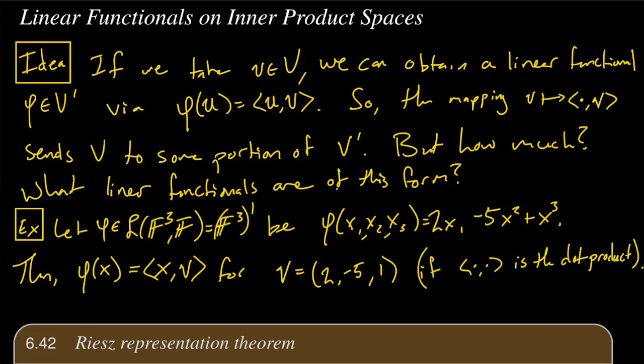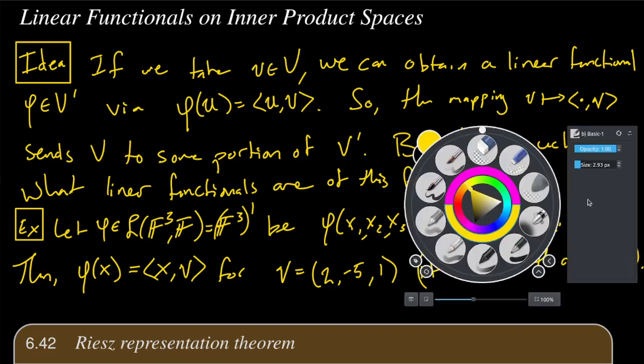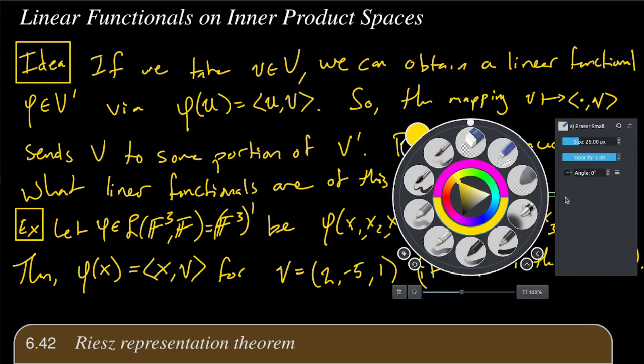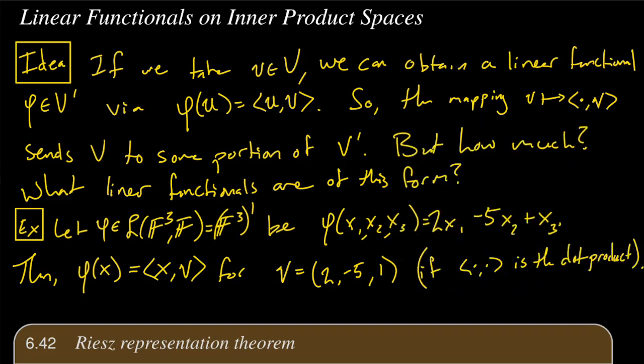Just to be clear, maybe it seems unclear to say the inner product without mentioning which one, but just looking at how the dot product works, you take first thing, x1, times first thing, 2, so you get 2x1, and then you add second thing times second thing, minus 5x2, and then third thing times third thing, 1x3. Oh, I wrote it as a cubed right there, please forgive me.